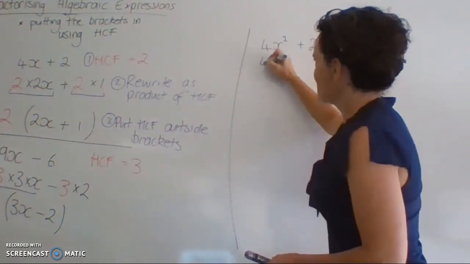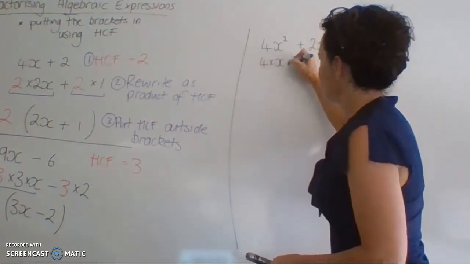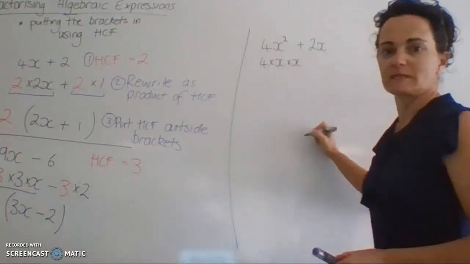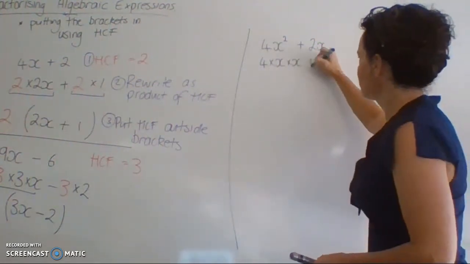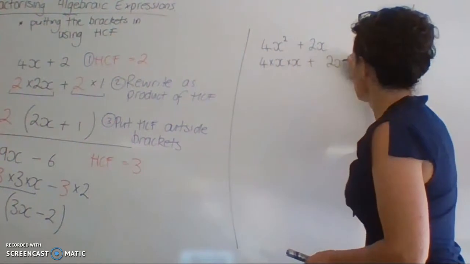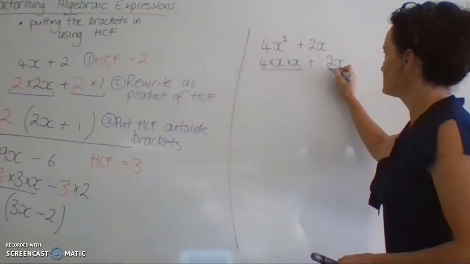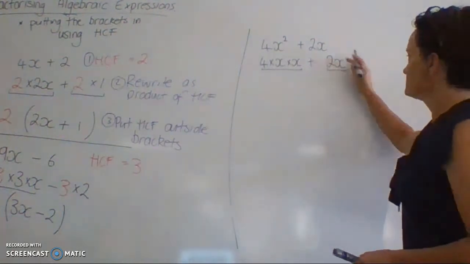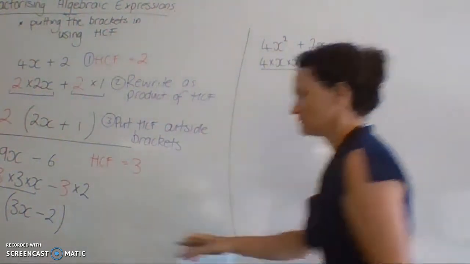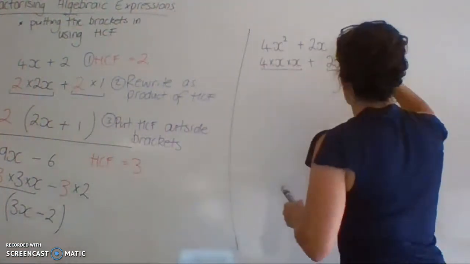So I'm going to rewrite this in expanded form first. You don't have to do this, obviously, but I'm just doing it to explain it to you. So this is one term here, and this is another term here. Actually, I'm going to rewrite that with multiplication there as well.